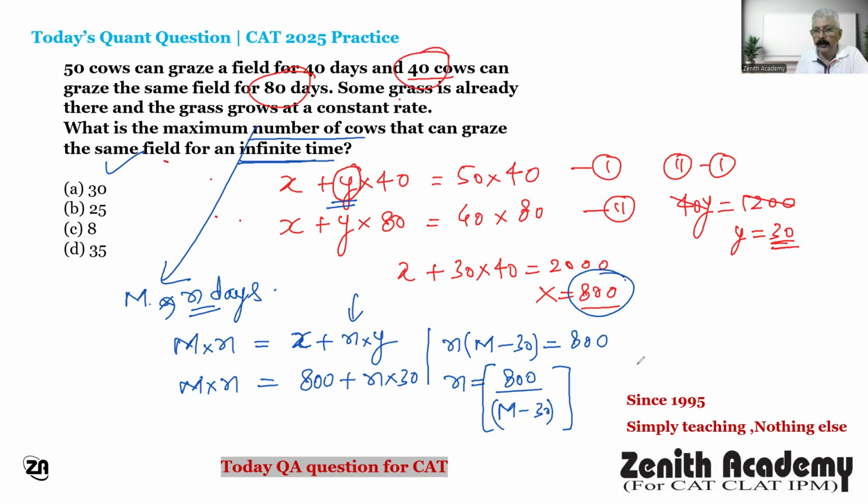For this purpose, m minus 30 should be equal to 0. Therefore, m is equal to 30. So the maximum number of cows m is 30. So the answer is 30. 30 cows can graze the same field for an infinite time. So this is the answer of your question. Thank you.